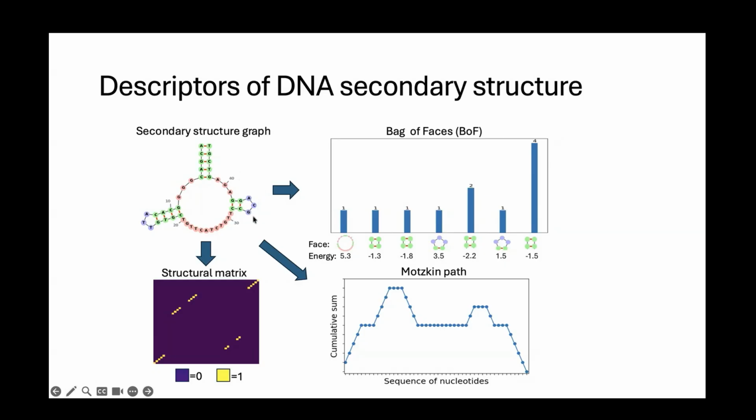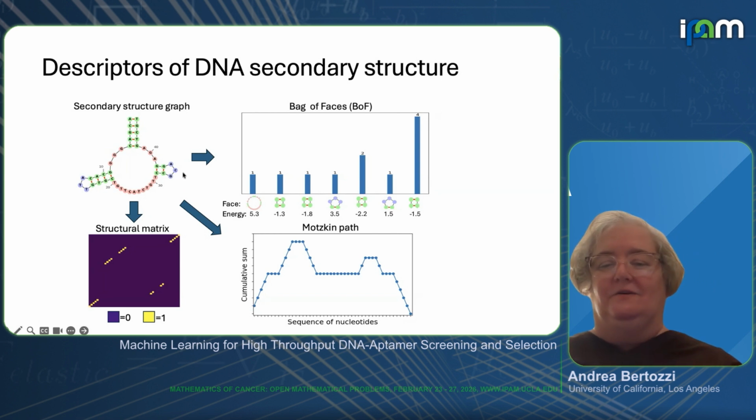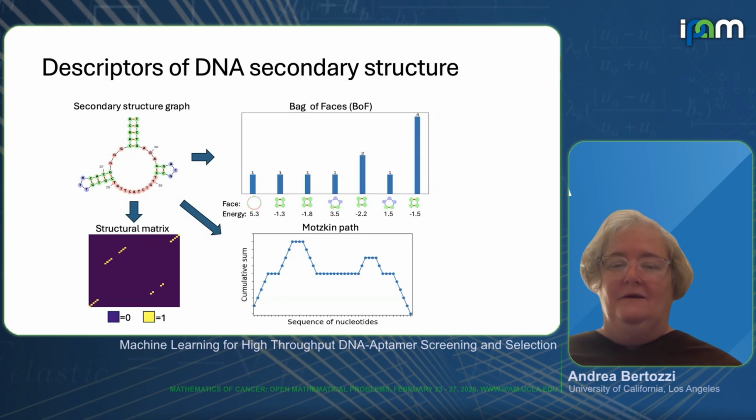If you just follow this thing around, you'll be able to map out the Motzkin path. So now we have a very simple discrete function. It takes on only non-negative integer values, and we can use this as a one-to-one map to the secondary structure. But this doesn't include any information about the actual nucleotides and their order, just the shape.